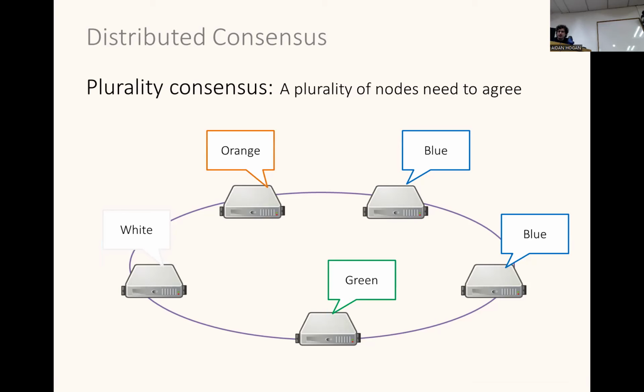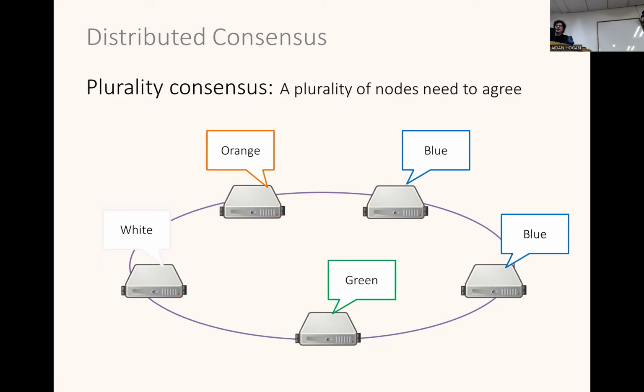Okay. So next we have a plurality consensus. I don't know if you've heard of the word plurality before. Mayoría simple, I think it might be called pluralidad, maybe in Spanish. So plurality is this idea that there is one unique option with more votes or more responses than the others, but it hasn't necessarily reached an overall majority.